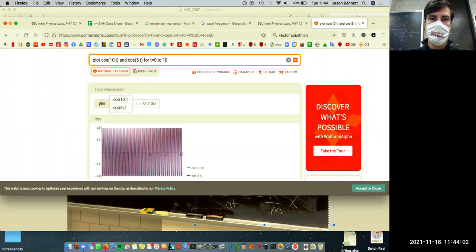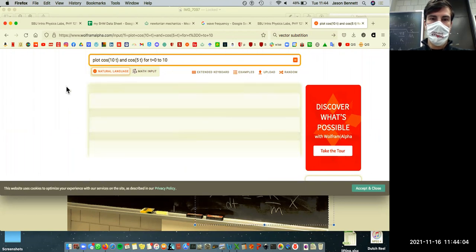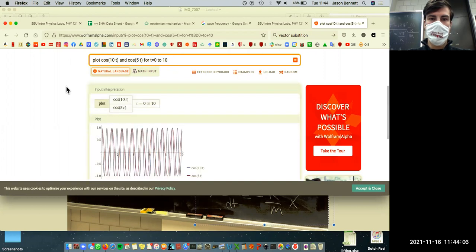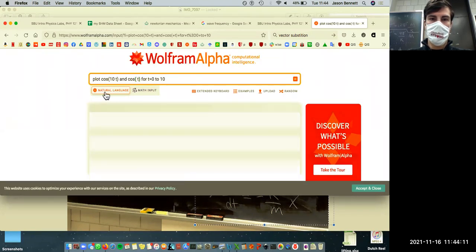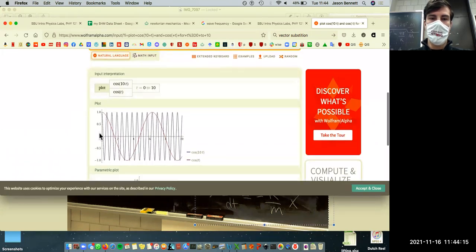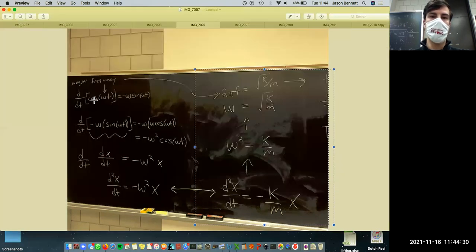Nope, still too much. Omega is 1 and omega is 10. There we go. So one of them, the omega is 1, is going up and down. The other one is going rapidly. The one that's going rapidly has a faster angular frequency, and that means it's just oscillating faster.